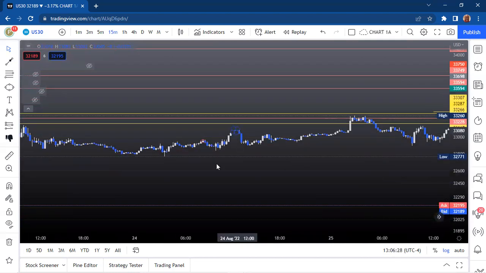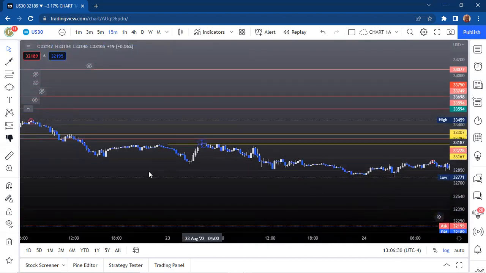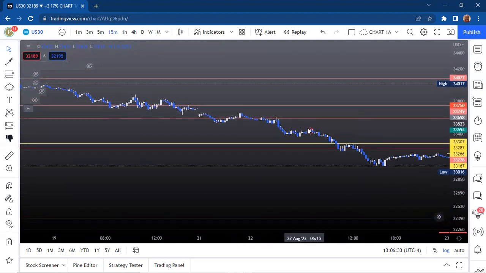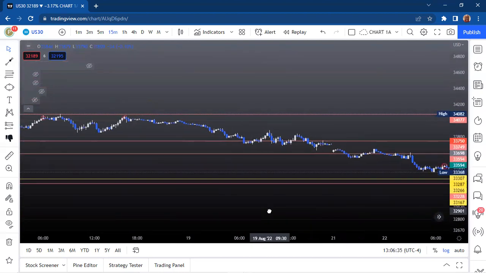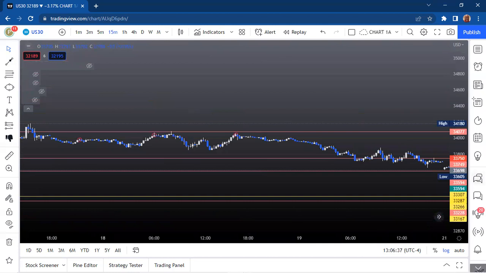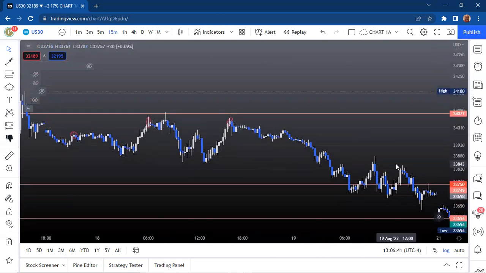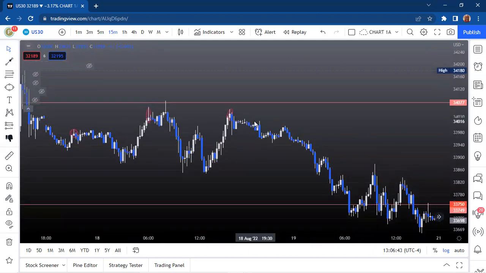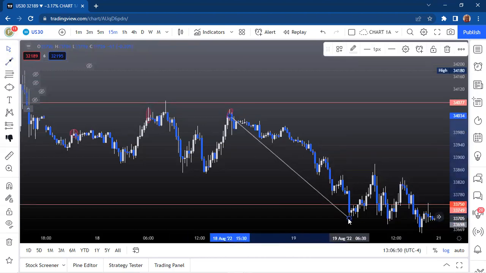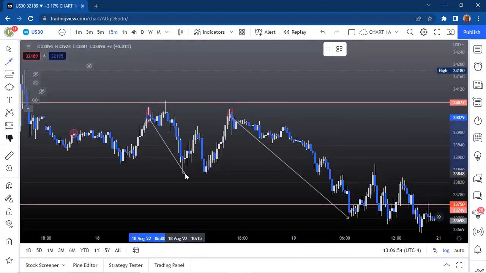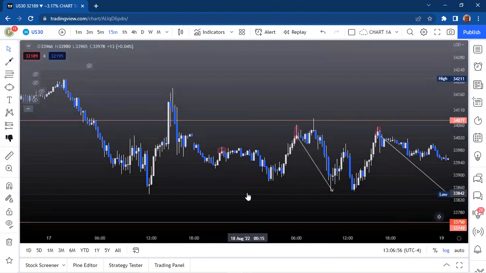Right, so 1, 2, 3, and all these shooting stars, what did it show? It just gave you an indication that it's going to pull lower. Look at this. We mark this one up and we put an arrow on it from here to here. Look at all these. Wow. Look at this from here to here. From here to here.